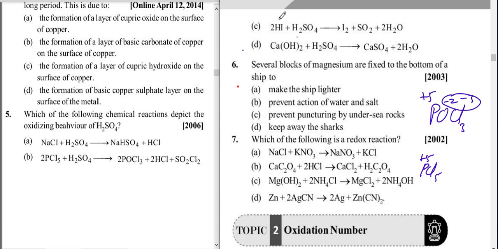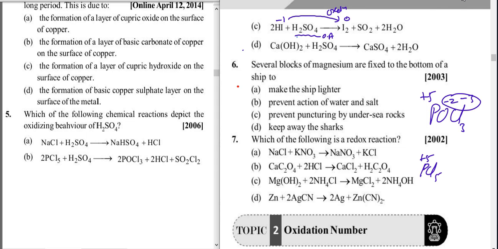In case of HI, iodine goes from minus 1 to 0, obviously it is oxidized. Due to H2SO4, the other substance is getting oxidized, that means H2SO4 is acting as an oxidizing agent.